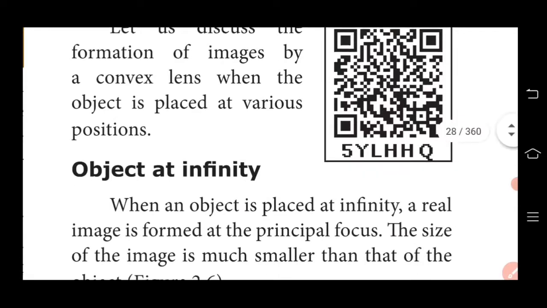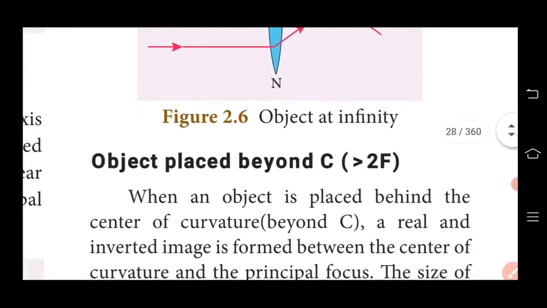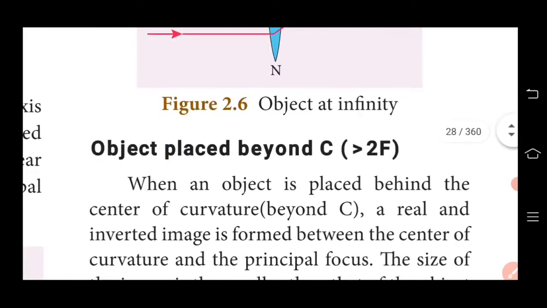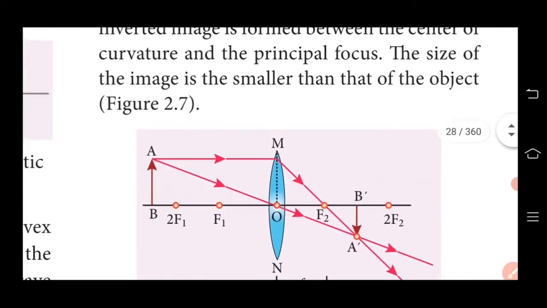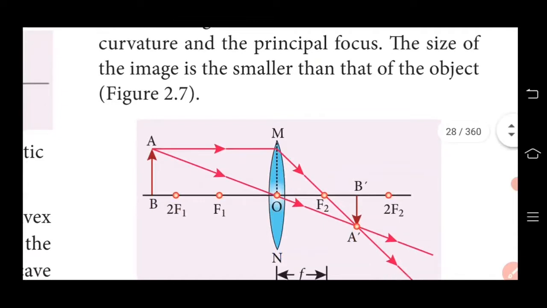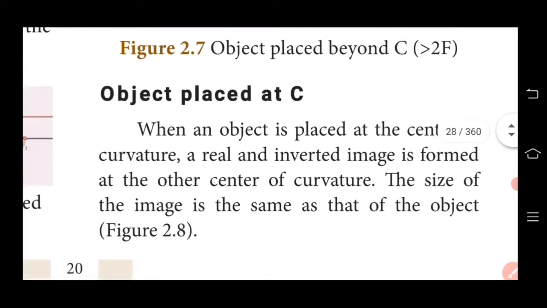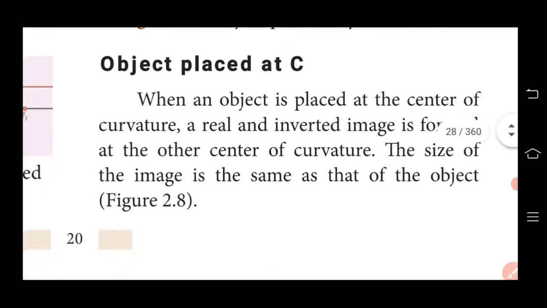Infinity means we don't know how much distance it is placed. The second condition is object placed beyond C. Here A B is for the object, and A dash B dash is for the image.